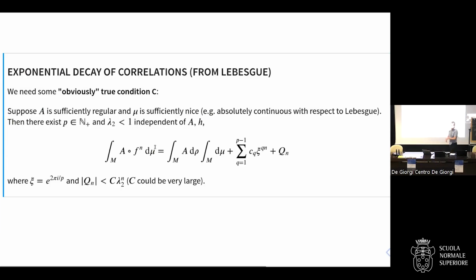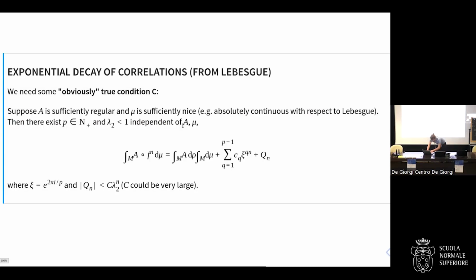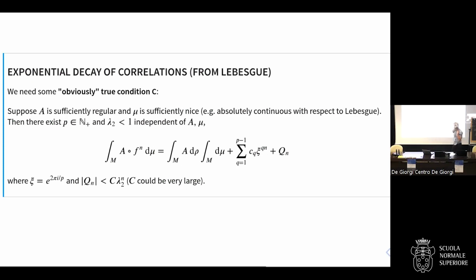Use the starting measure. Let's say h is this sufficiently nice measure. There we go. Sorry, I should have edited the slides a bit more.